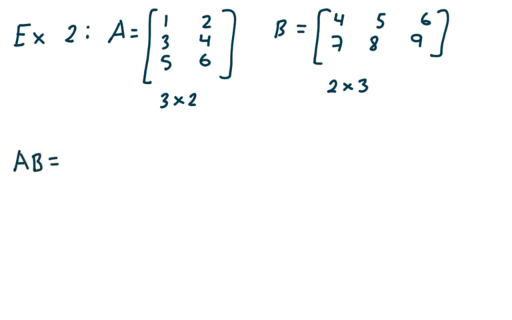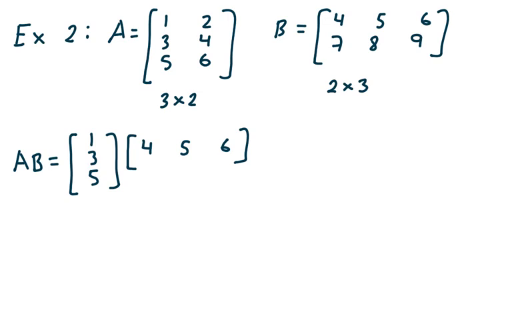Now, we're going to write the matrix 1, 3, 5. Okay? Notice how the matrix 1, 3, 5 can also be viewed as a column vector, by the way. That's the first column of A. And we're going to multiply by the matrix 4, 5, 6.